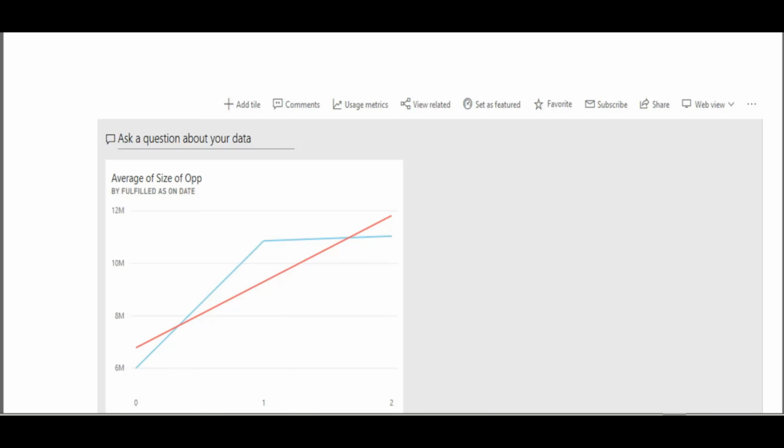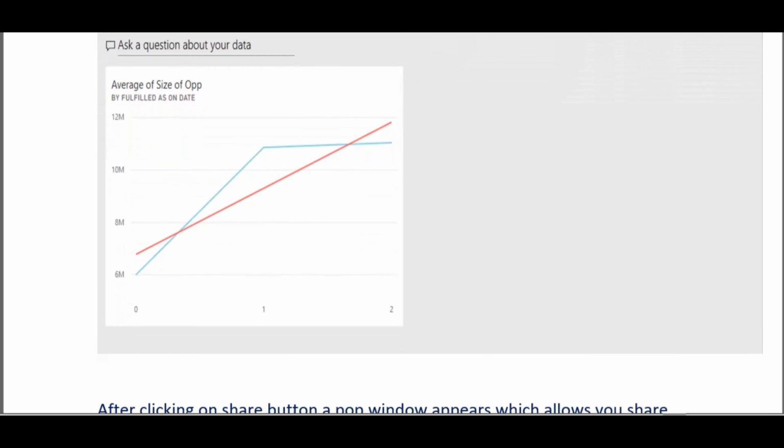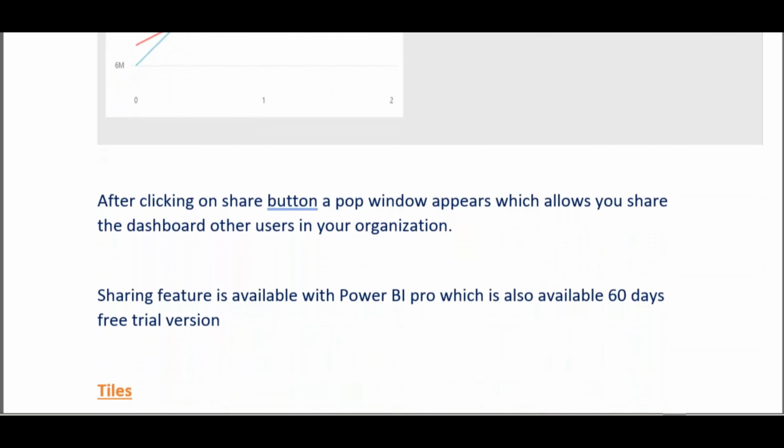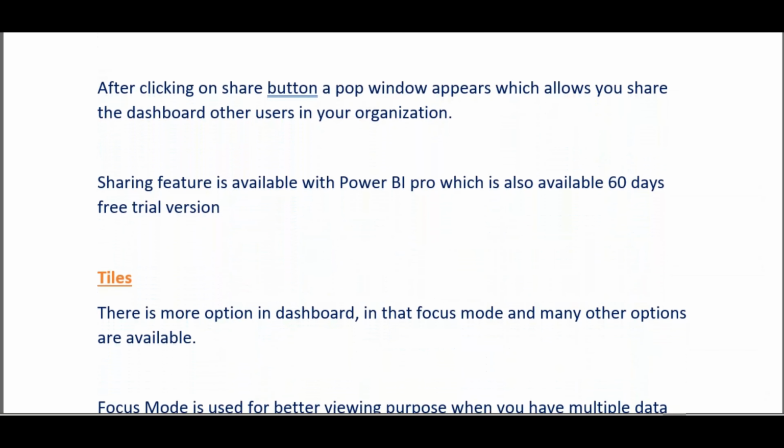When you click on share, you will get the option to share with respective people. The sharing feature is available with Power BI Pro, which is also available with a 60-day free trial. The Power BI Desktop version doesn't have that option, but if you want it, you can get Power BI Pro, which is free for 60 days.